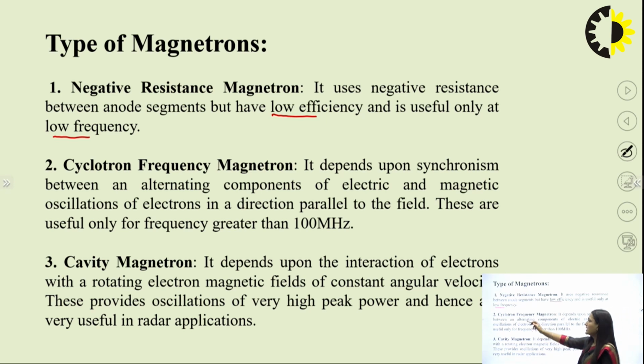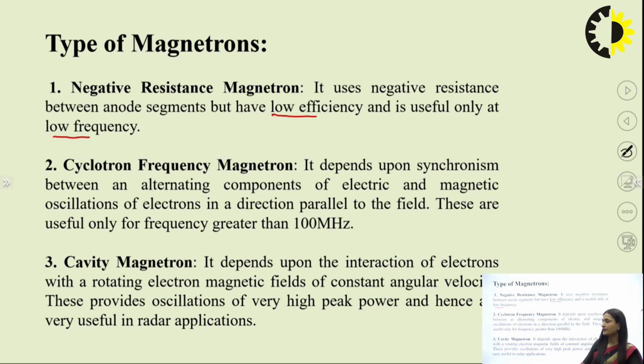Second type is the cyclotron frequency magnetron. In this, it depends on the synchronization between the alternating component of the electric and magnetic field and the oscillation of electrons in a direction parallel to the field.